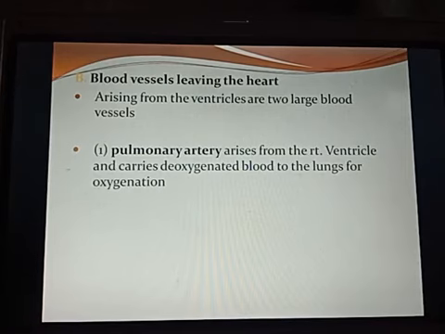One thing you need to keep in mind, whenever you see the word pulmonary, it means it is related to the lungs. So this pulmonary artery will form the connection between the heart and the lungs. Usually we know that an artery carries oxygenated blood, but the pulmonary artery is an exception.